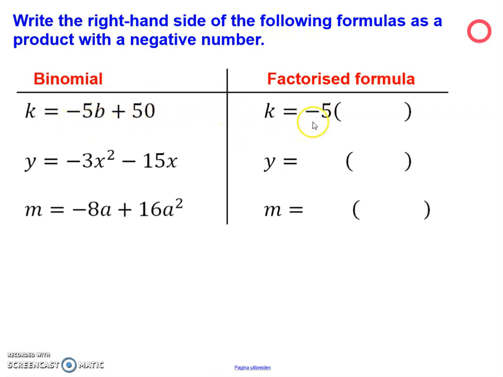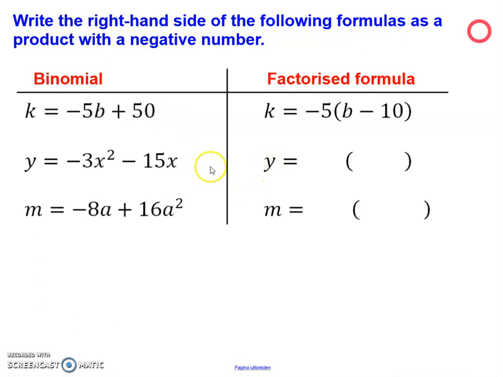Between brackets, minus 5 times something should be minus 5b, so there should be a b over here. But now I should get plus 50, so minus 5 times something needs to become plus 50. And then you have to know, negative times negative becomes positive, so over here should be minus 10. Minus 5 times minus 10 is plus 50.